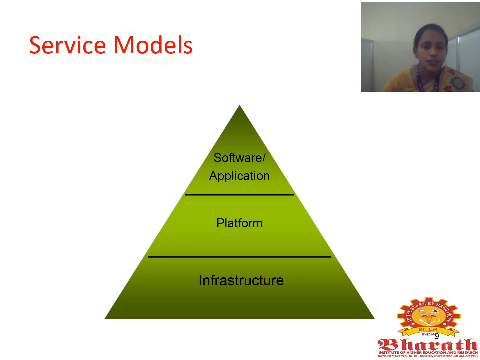And these are the three important service models, as I said before: infrastructure as a service, platform as a service, and software as a service. With the help of these service models only, we can develop all the applications. As I said before, infrastructure as a service is mainly used for designing any applications or any other cloud platforms, whatever it is, and it will provide you all the infrastructure.